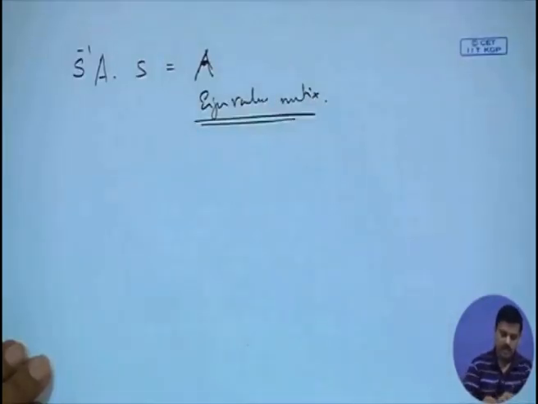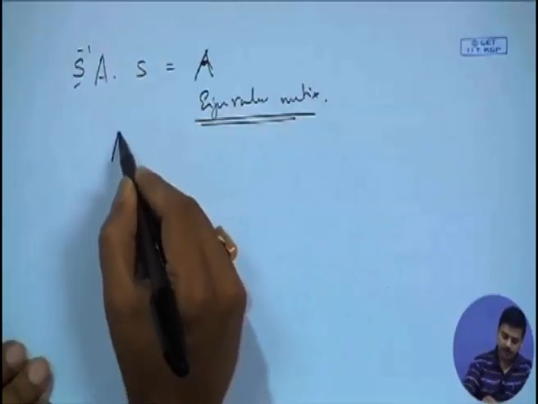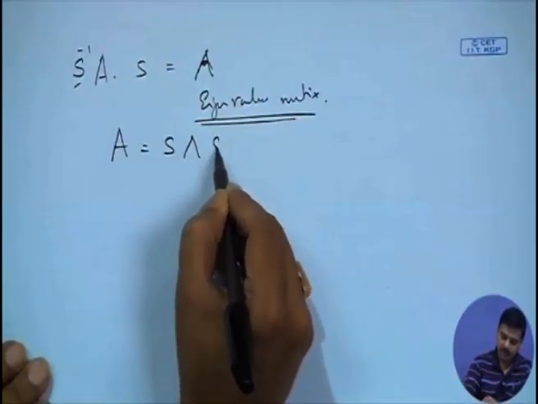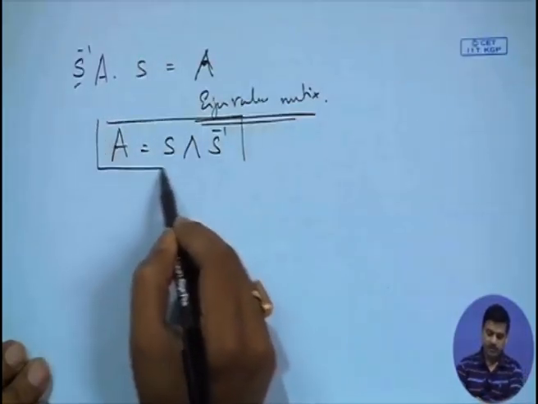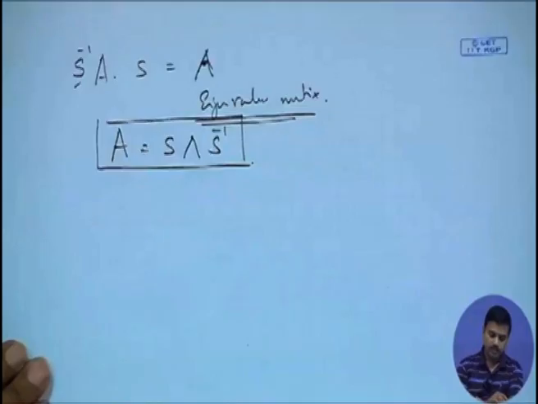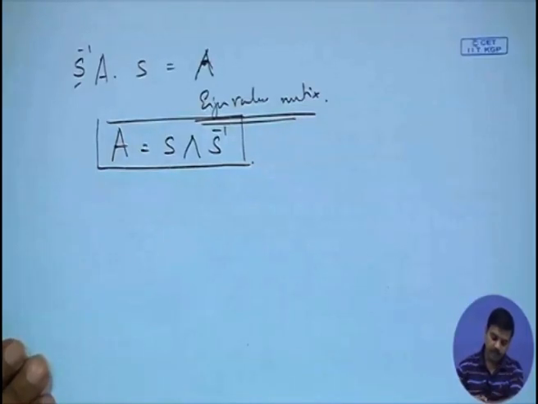Here S contains the eigenvectors of A, and in that case we could write A equals S lambda S inverse. If I have it in this form, this would be really very, very useful.